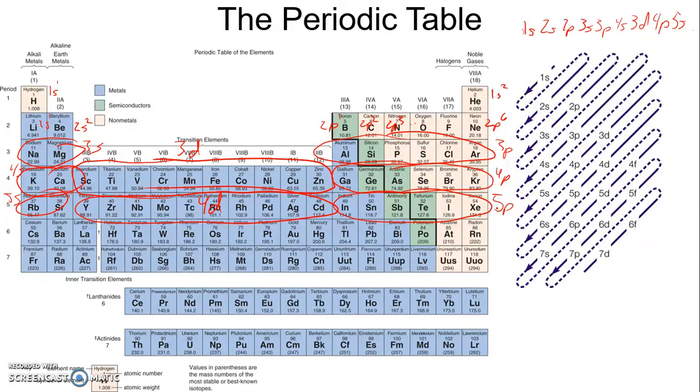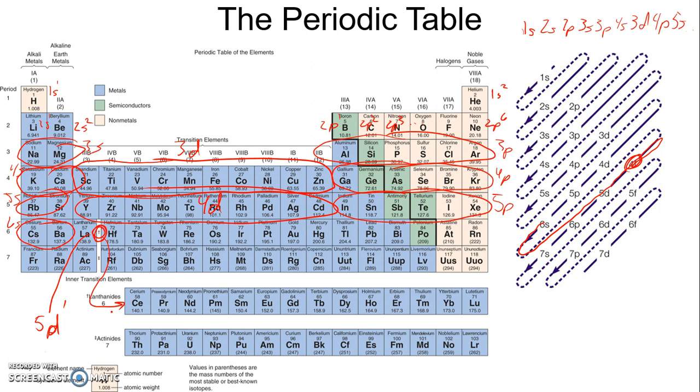5p, and so on. The next row actually is important because then we would have the 6s being the next one that's filled. And then after the 6s, the next one to be filled would be 4f. One slight change is you're going to have one electron go in the 5d orbital first, and then, see this gap?